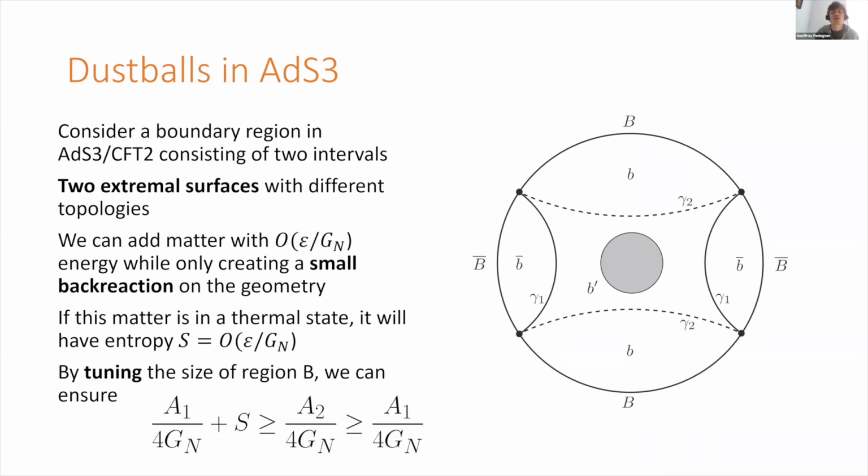Now what we can imagine doing is, by choosing our region B to be sort of half the boundary plus some order epsilon extra amount, we can set things up so that the area of this solid surface, called A1, over 4G Newton is smaller than the area of the dashed surface, A2, over 4G Newton, but that in turn is smaller than the area of the solid surface over 4G Newton plus this extra entropy of the stuff in the middle. Okay, if the stuff in the middle is in a thermal state.